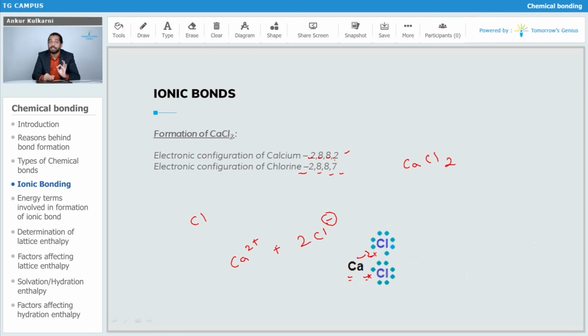So there is a charge formation of 2+ and 2-, and again this is the electrostatic force of attraction. The electrostatic force of attraction between calcium and chlorine leads to the bond formation, which is your ionic bond, and this is how you get CaCl2.